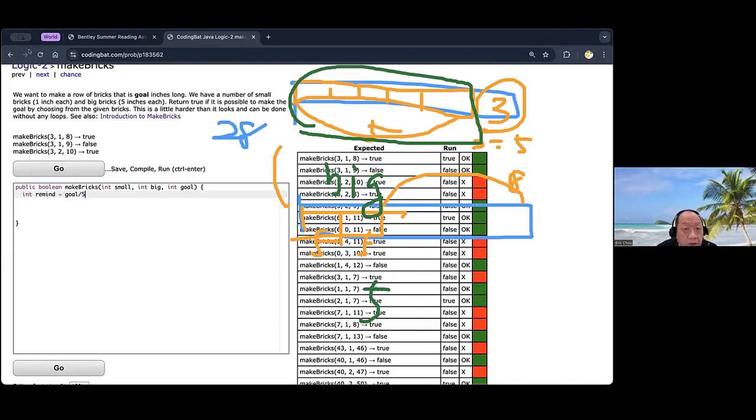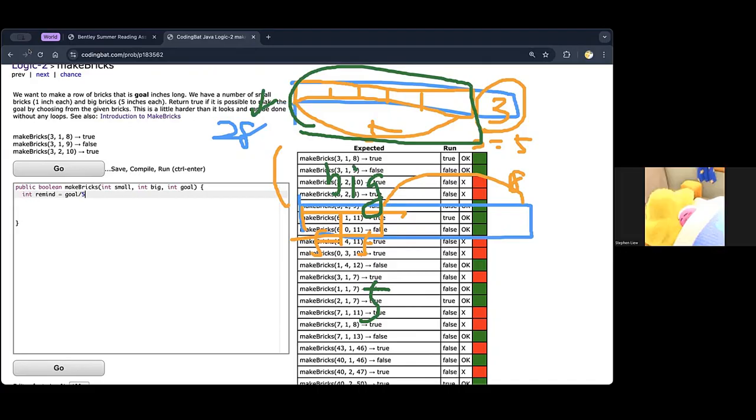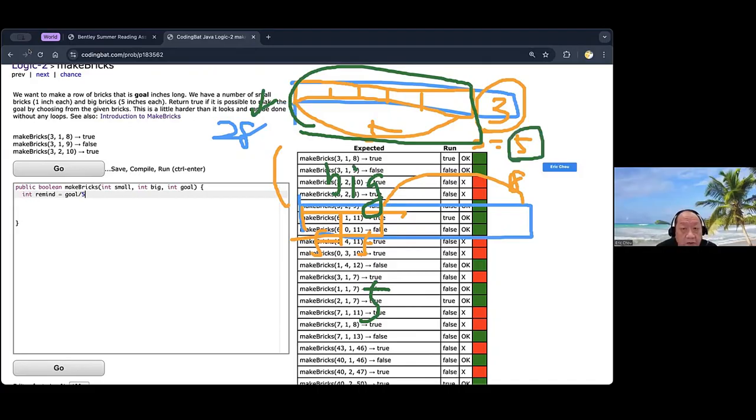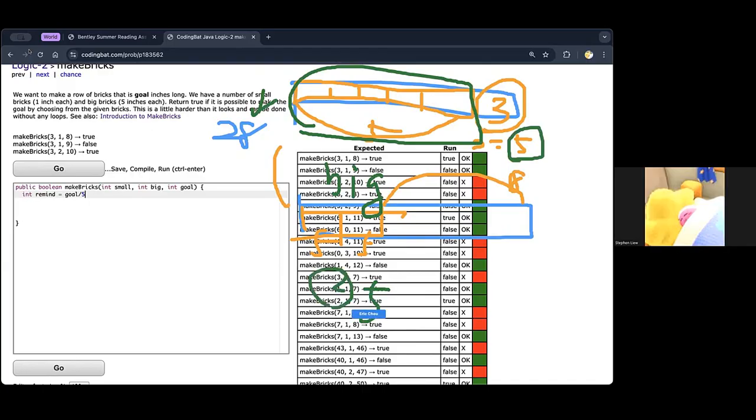So totally your goal is 28, right? And then if you have more than 5, you will use 5. If you have only 2, you will use 2. So whether you use 5 or use 2, how can you determine it?